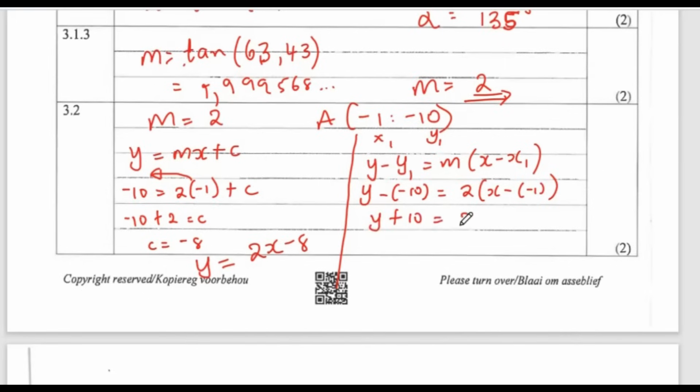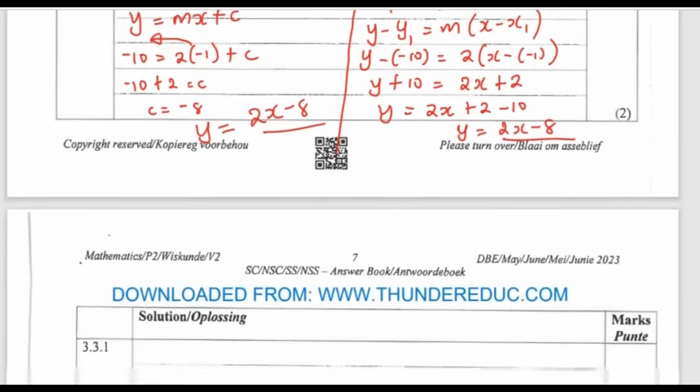When I open that, I have 2x plus 2. Then I'll move the 10 that side. It's going to be 2x plus 2 minus 10. So y is 2x minus 8. So it's just the same equation, but different formats. So you choose whatever will work for you.